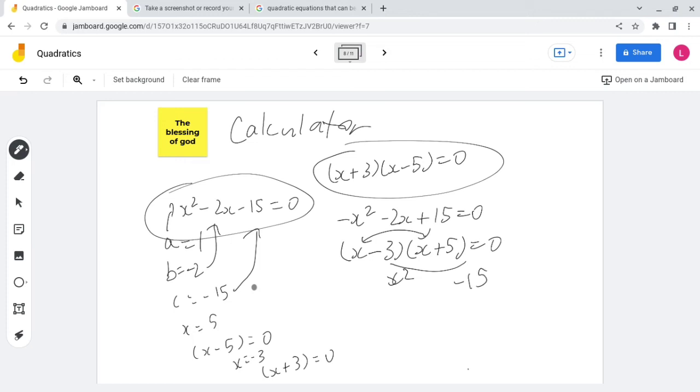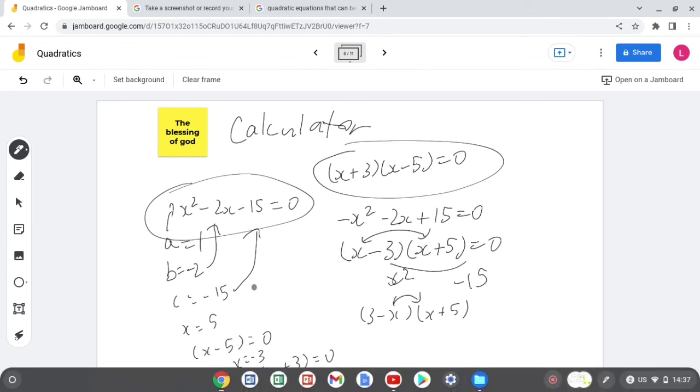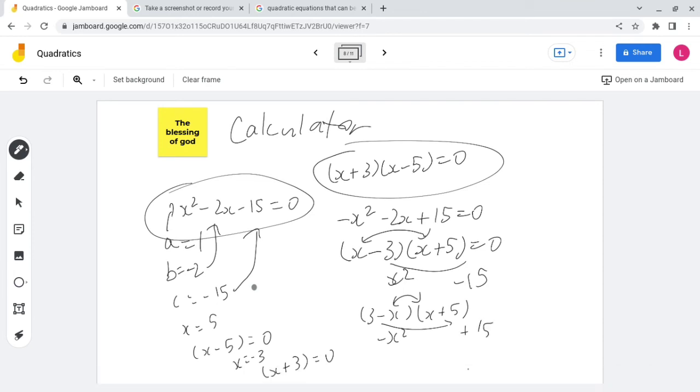So this is something that the calculator doesn't tell you. It doesn't tell you exactly which number is negative and all those. So you have to deduce it yourself. You have to double check, and rather than writing it like that, maybe you write 3 minus x times x plus 5. So now you get negative x squared, and this one you get plus 15, right? So that is something that you have to constantly take note of when you're using this cheat method, right?